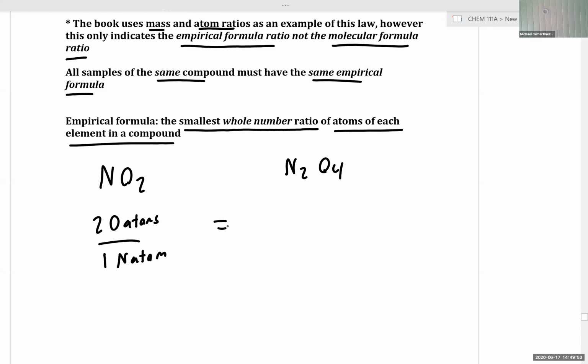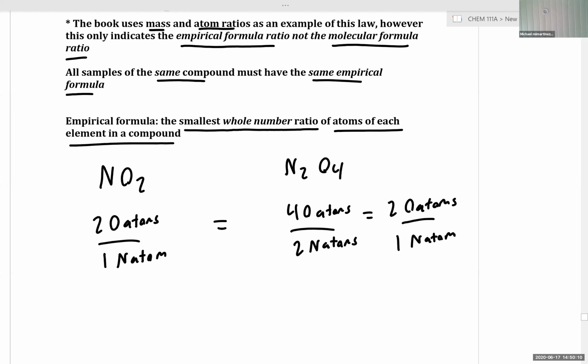And in dinitrogen tetroxide, we have 4 oxygen atoms for every 2 nitrogen atoms, which in turn gives us a ratio of 2 oxygen atoms per 1 nitrogen atom. So these two compounds have the same ratio of atoms of each element.